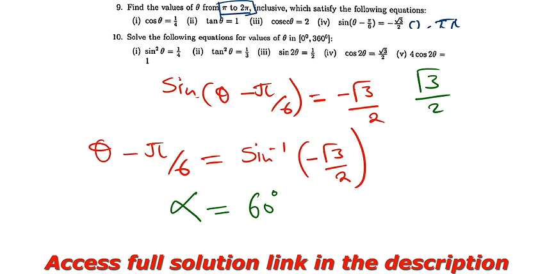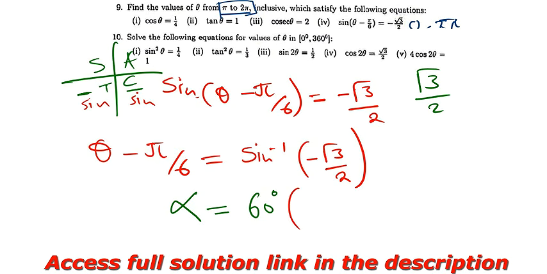Now we're not interested in the 60, we're interested in the values that can give us a negative. In which quadrants is sine negative? It's in the third and the fourth. All students take calculus. So where tangent and cosine are positive, that's where sine is negative. So to find the angles in the third and the fourth quadrant, we'll first of all add to pi. Now this 60, by now you should know it is the same as pi over 3.